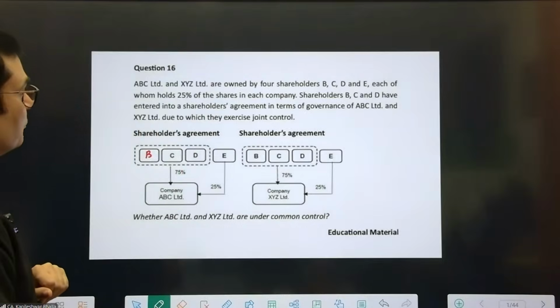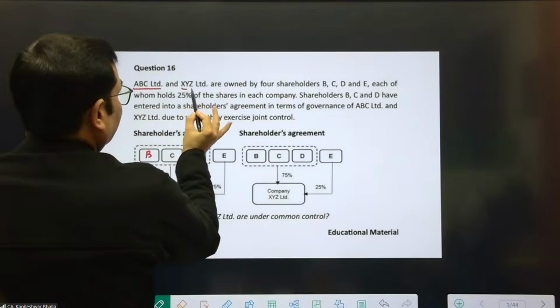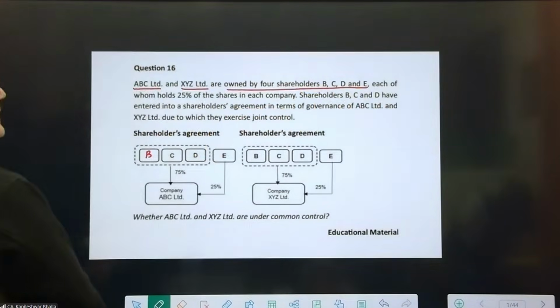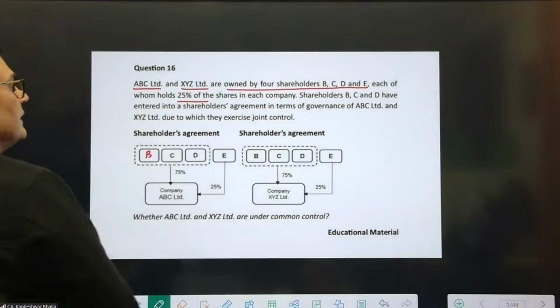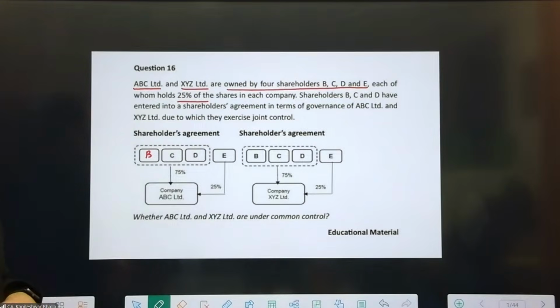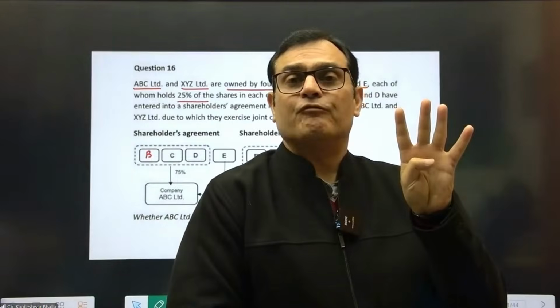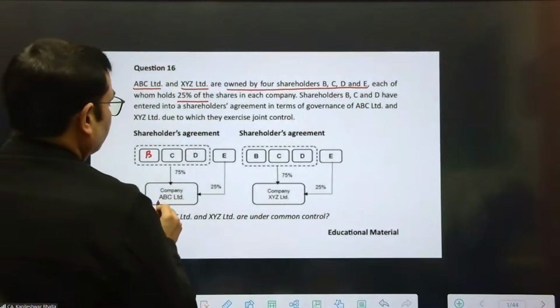Now let's read the inputs. It says ABC and XYZ are owned by 4 shareholders, B, C, D, E, each of which has 25% shares in each of the companies. Now let me ask you a few questions. You need to vouch for me. There are 4 shareholders, B, C, D, E. They've got a 25% stake in each company, that is, company ABC and company XYZ.